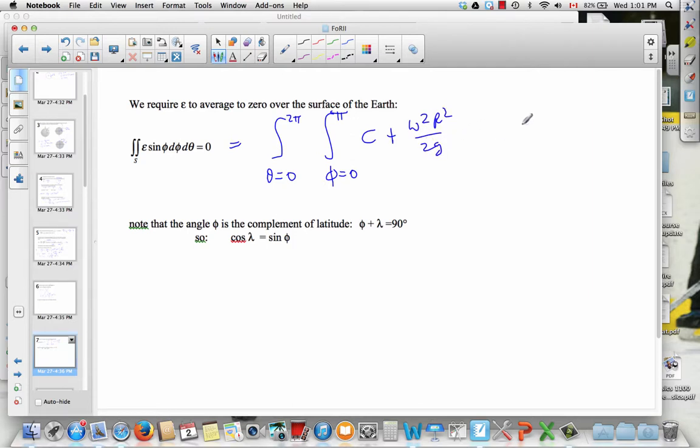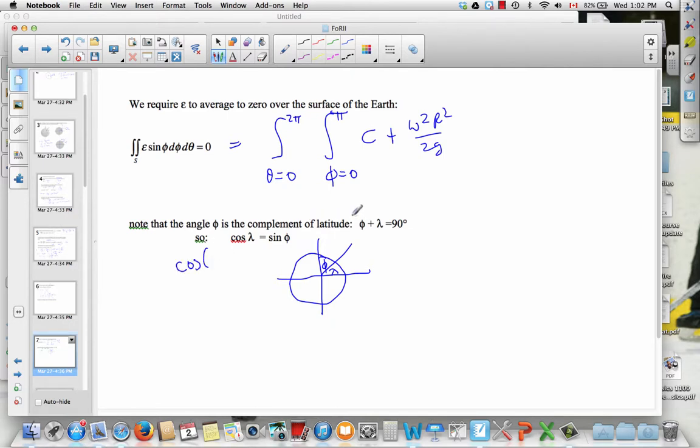Now here, of course, we had cos squared lambda, but the latitude angle is measured from the equator. The phi angle is measured from the pole, so that means they're always going to be complementary with each other, adding up to 90, and that means that the cos of lambda is the same as the sine of phi. You can prove this if you want.